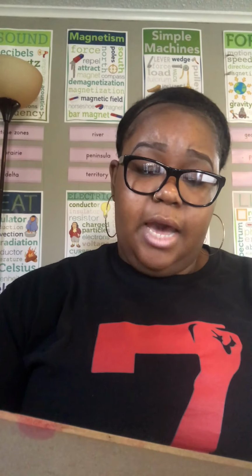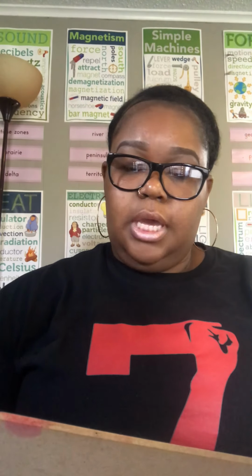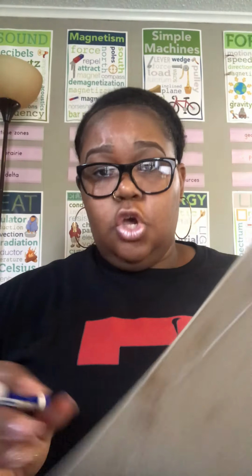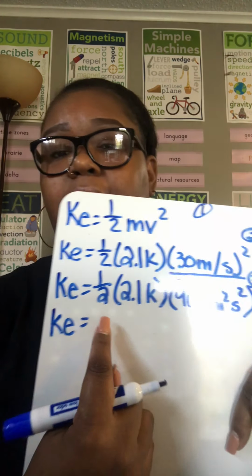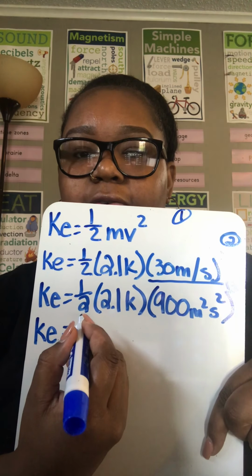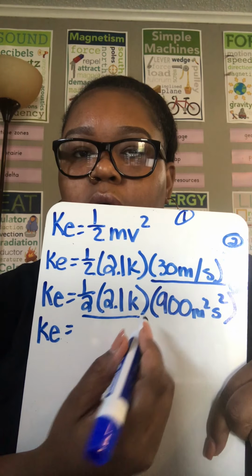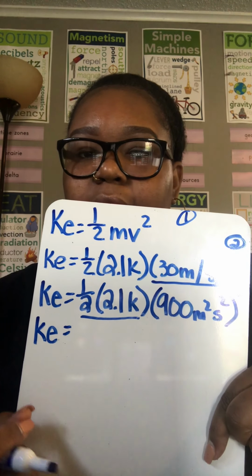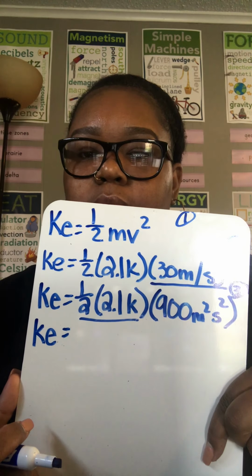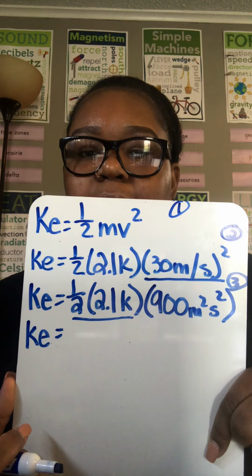Now we've dealt with our speed. Now let's deal with our mass. In dealing with the mass, we are going to multiply 1/2 by 2.1. So I have my handy dandy calculator here.